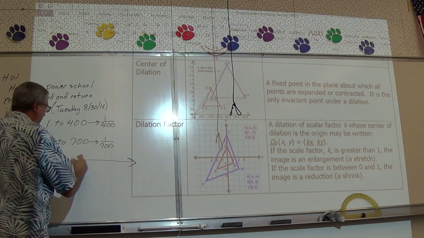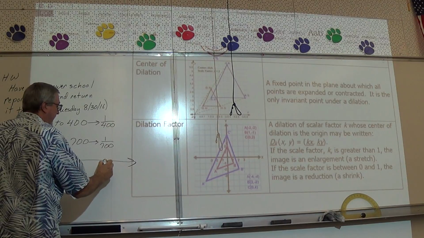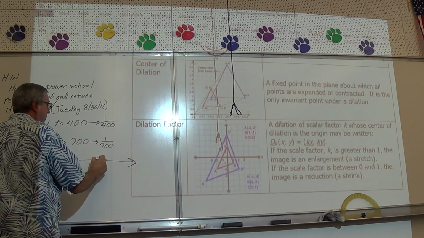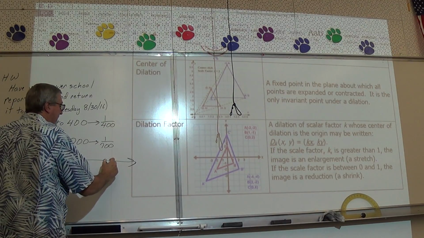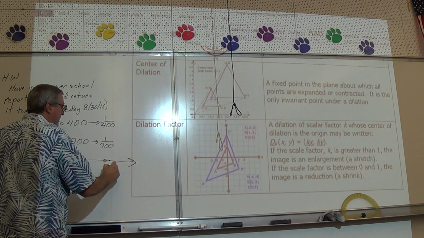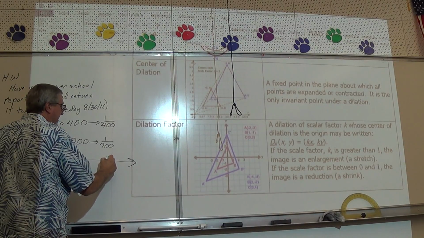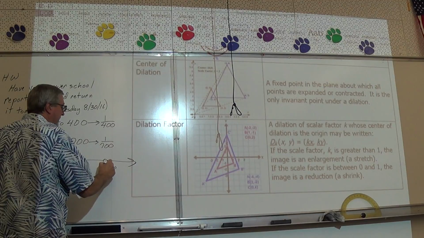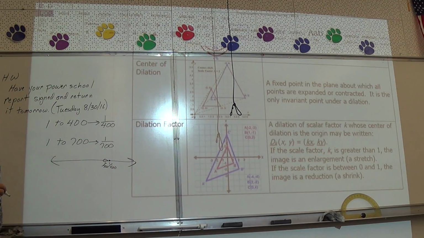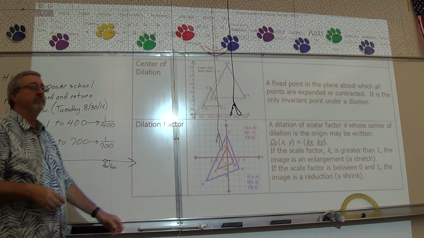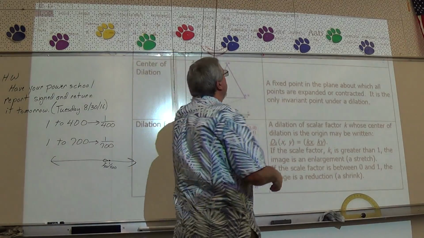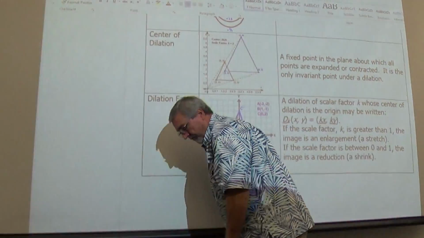When you have a number line and you have 0 here, 1/400th may be here, and 1/700th would be here. Smaller number.